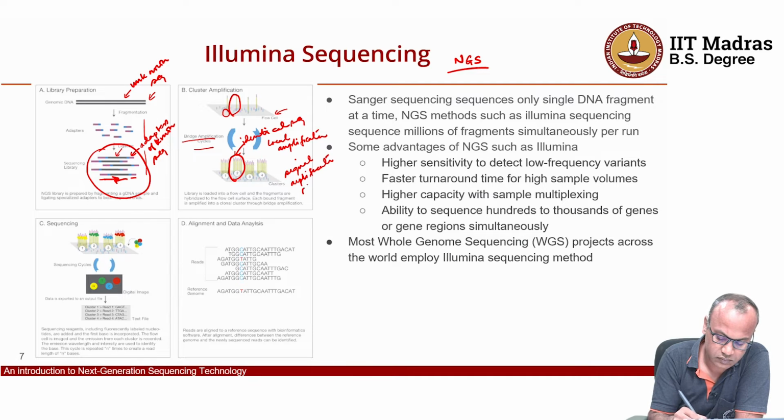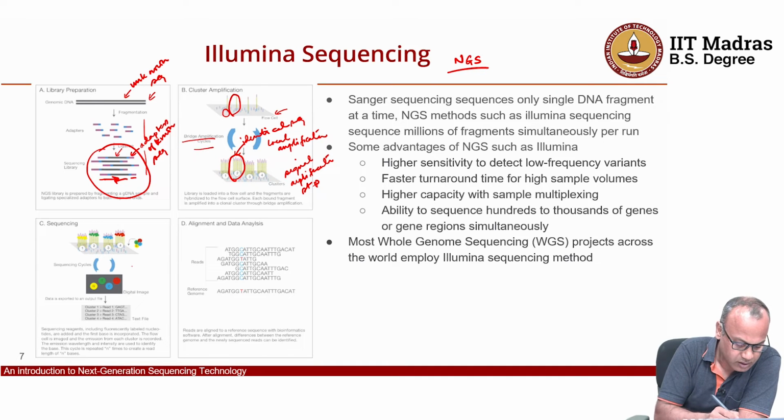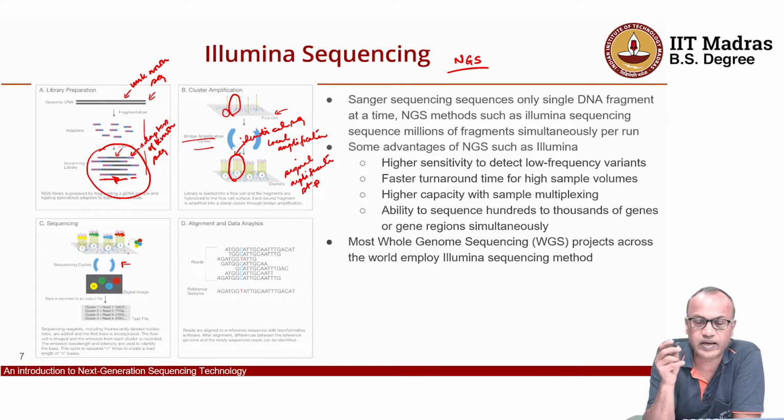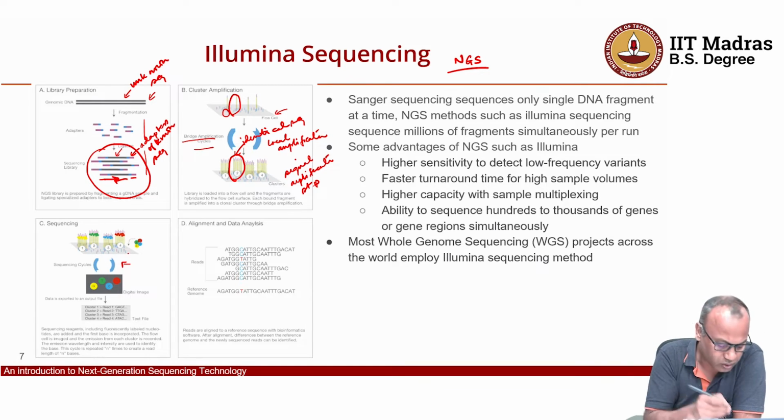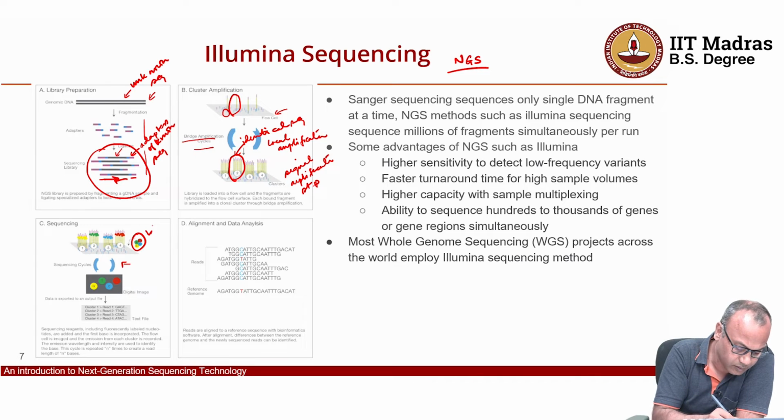Okay. Once that is done, now you do the sequencing reaction, essentially the same Sanger sequencing reaction. In this case, we add all 4 labeled ddNTPs, which are now reversible.